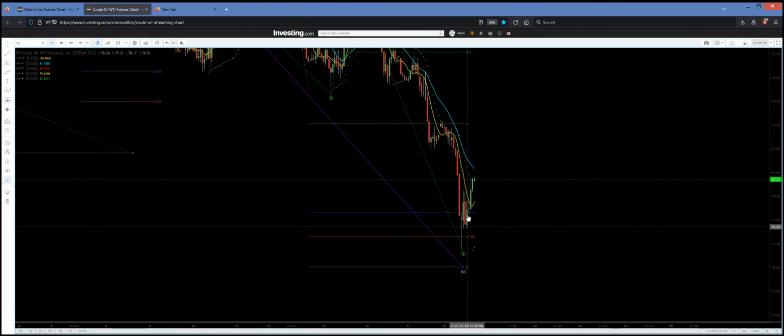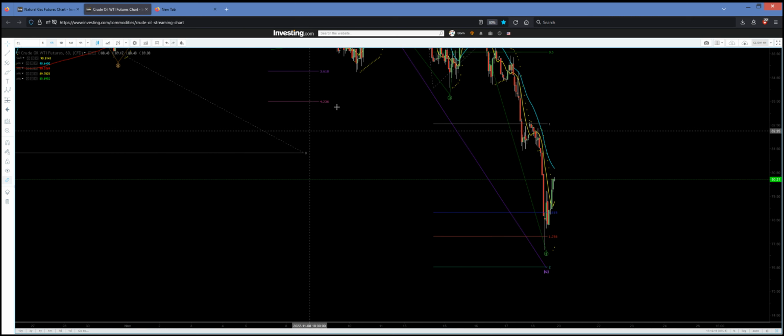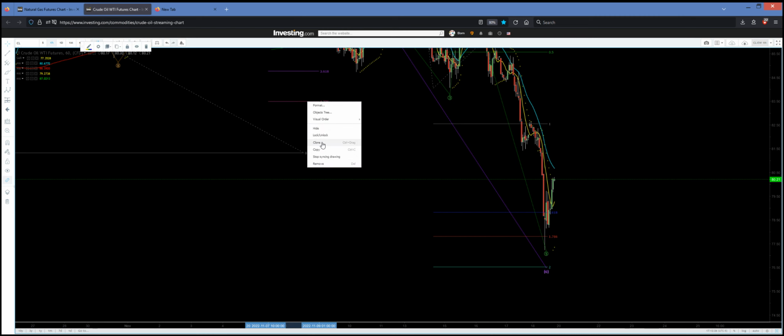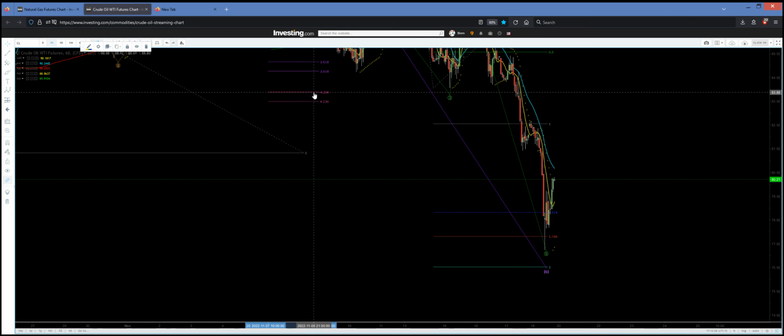So this looks like 1, 2, 3. This wave 1 is not complete just yet, but I will draw it out for you what I think it's going to look like. First, let's just get a fib. It's always handy to do that. You know, let's just clone this guy here. Take that.